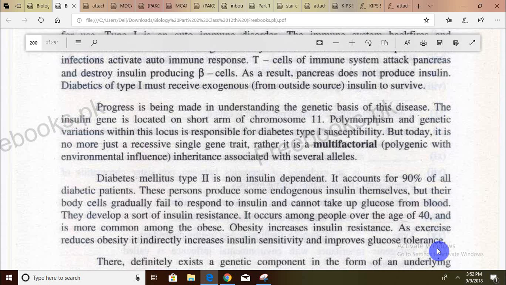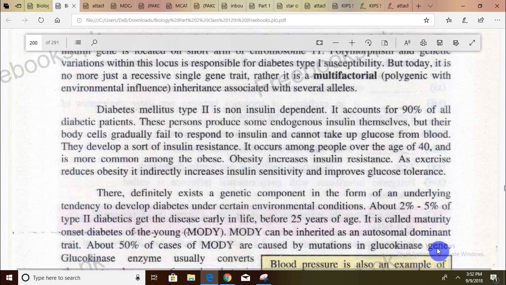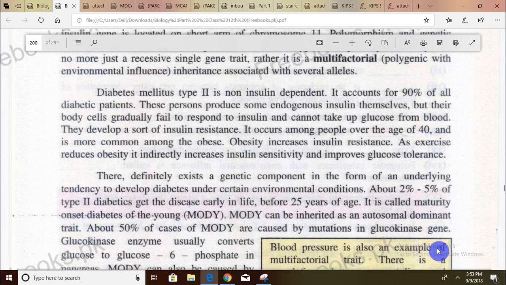So again, we have another form of environmental impact because the physical state of the person does influence it, his health, his fitness. So this is all another reason why it is multifactorial. And obesity increases insulin resistance, as exercise reduces obesity. It directly increases insulin sensitivity and improves glucose tolerance.